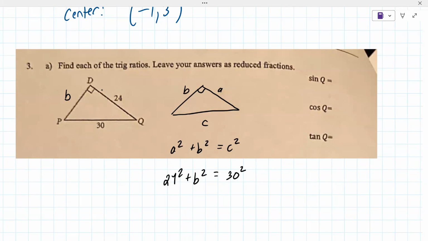I'm just writing this down. A, B, C. Is A squared plus B squared equals C squared the Pythagorean theorem?